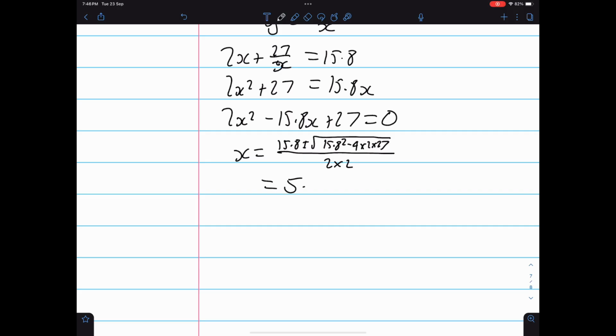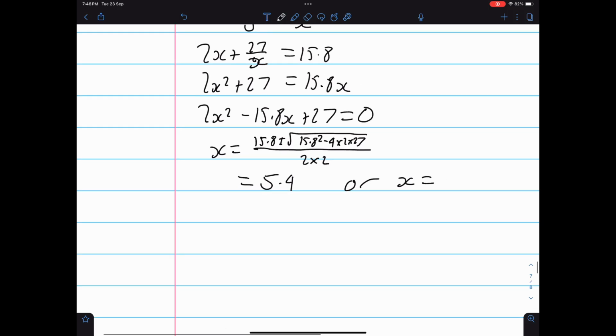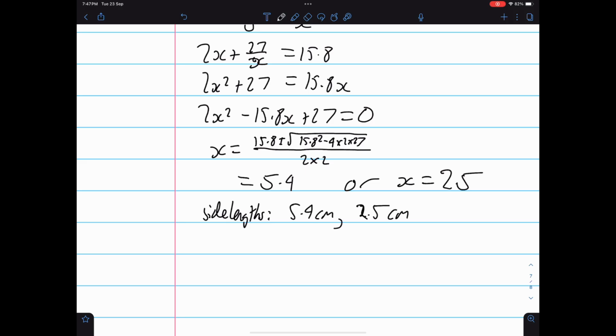Right, so one of them we get a solution of 5.4, and then the other one, when we take negative, we get 2.5. So the side lengths are 5.4 cm and 2.5 centimeters.